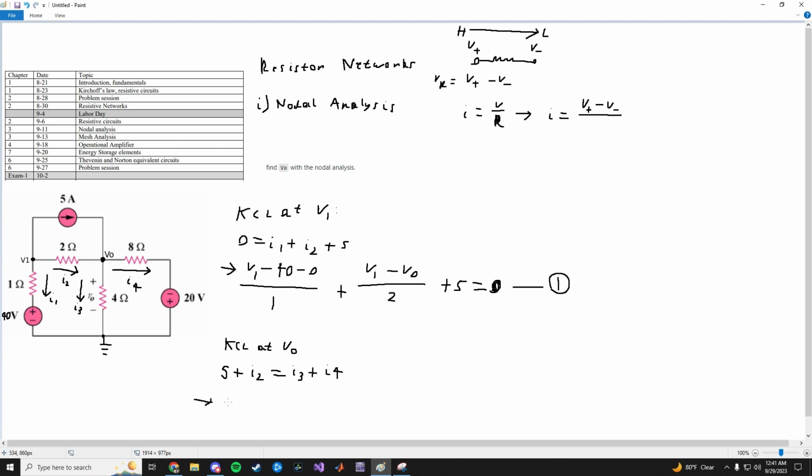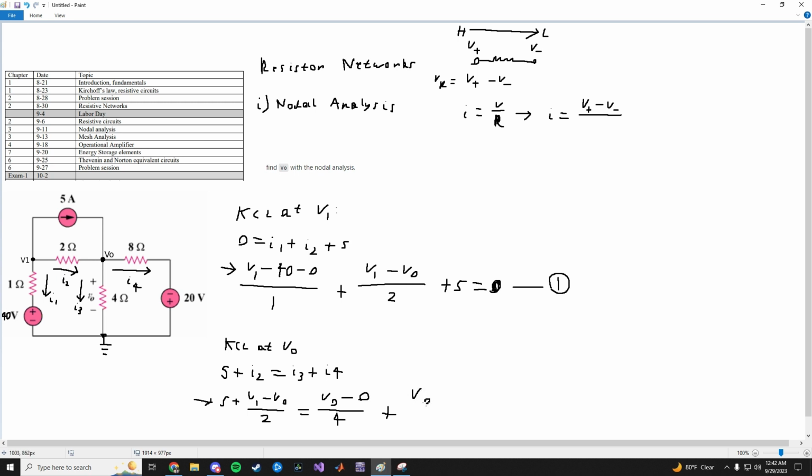Then write the nodal analysis equations. 5 plus I2, which is V1 minus V0 over 2, equals I3. I3 is going to be V0 minus, well, that's ground right here, so 0, divided by 4, plus I4.